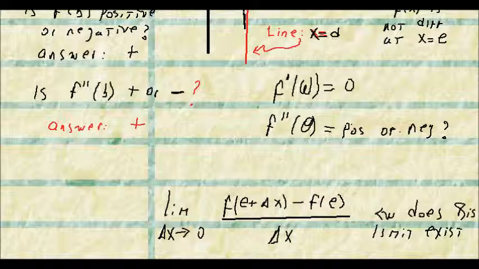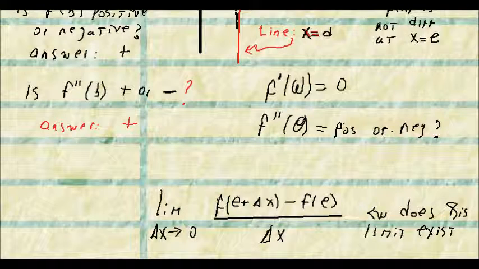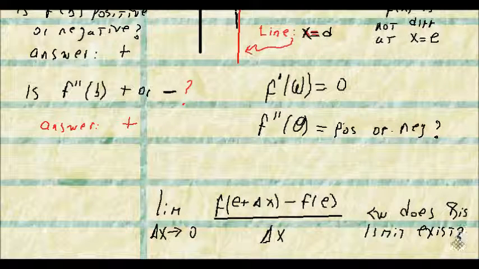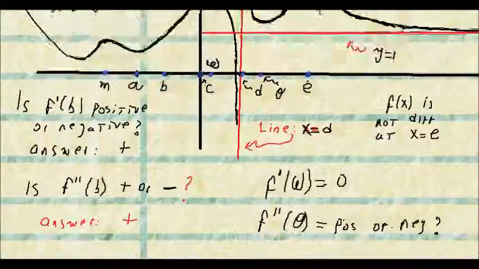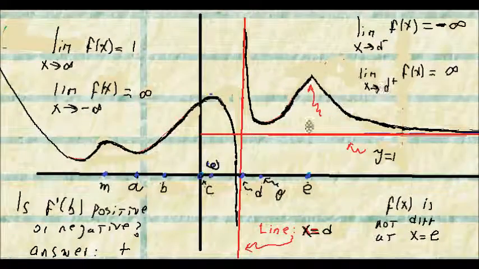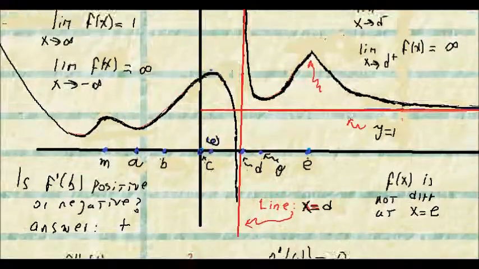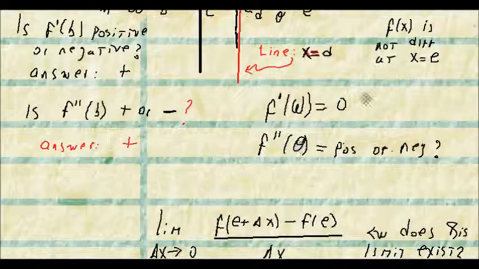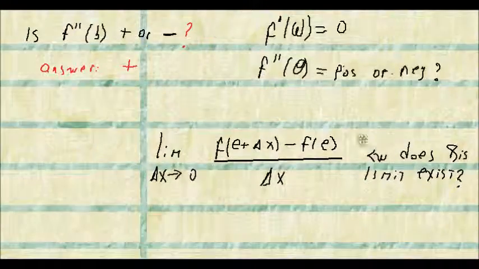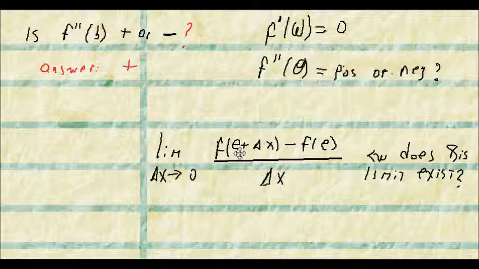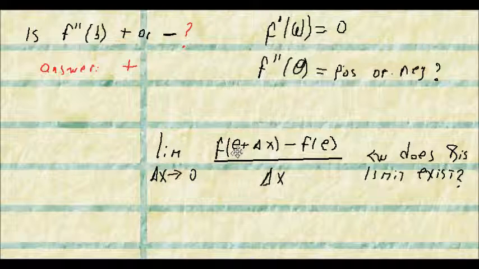Let me move this a little bit to the right so that you can see. They're asking me that question, right? Does this limit exist? Well, obviously, the limit is not going to exist, because if it did exist, it would give me the derivative at the point x equals E of the function f of x.